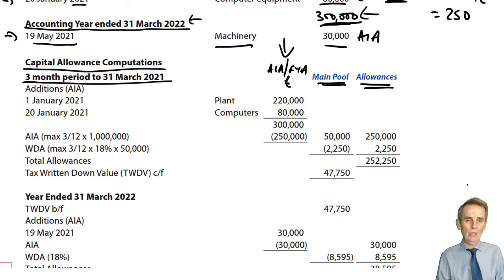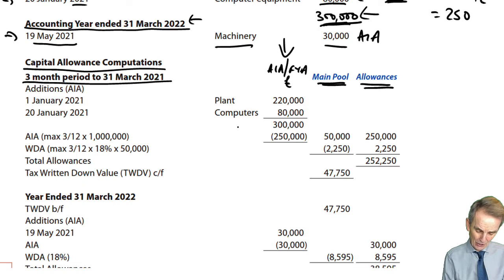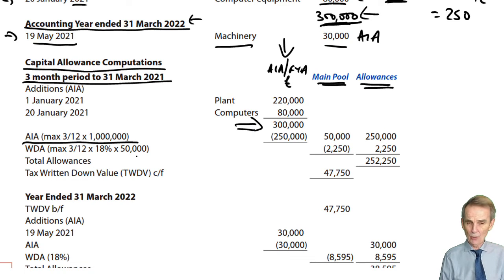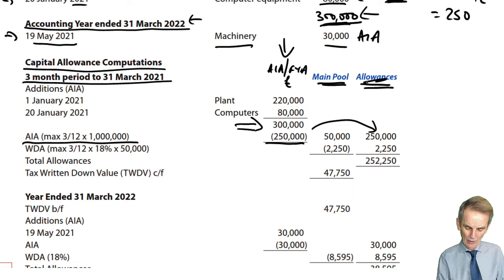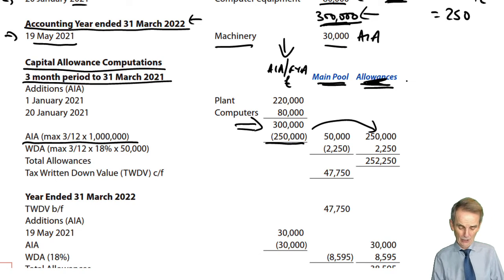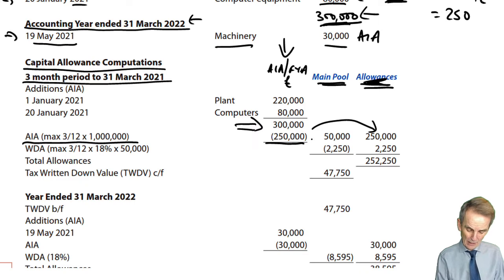Well, I say take all the expenditure out, other than in this circumstance, because the combined cost, as we saw, was £300,000, but the maximum AIA, as we saw, is only £250,000. So we claim our maximum £250,000. That goes over into your allowances column. There's the first amount of allowance available for this period, and that equally puts the remaining 50,000 into the main pool.